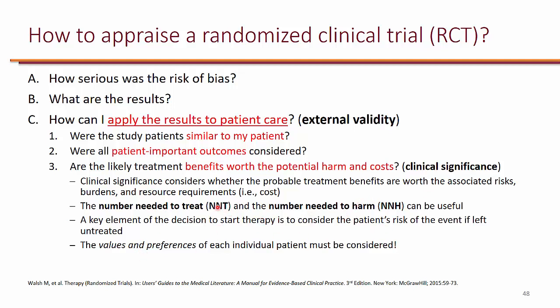Now, it's not to say that the number needed to treat and number needed to harm are equivalent. So it's not to say that if the number needed to treat is 50 and the number needed to harm is 40, then it's too much harm. So it's not exactly like that, but these are tools to help you make a clinical decision.